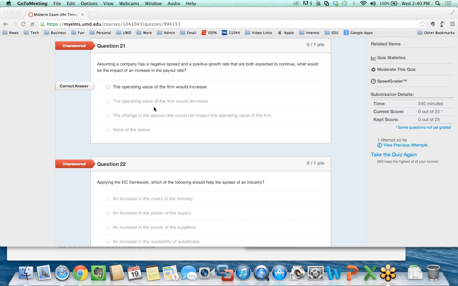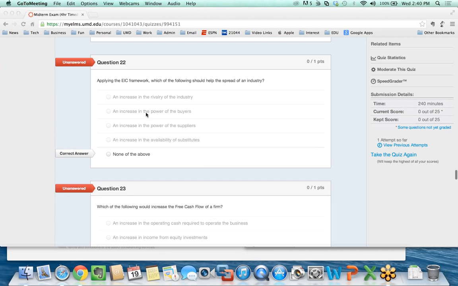Right? So that's really what we're looking for here in question 21. By not reinvesting the cash, we're paying it out, so we're forcing ourselves to grow at a slower rate. And by growing at a slower rate, we are going to destroy value at a lower rate, thereby increasing the operating value of the firm. That was question 21.